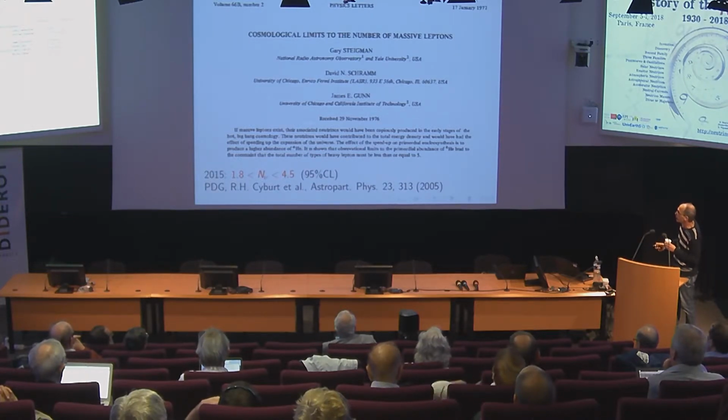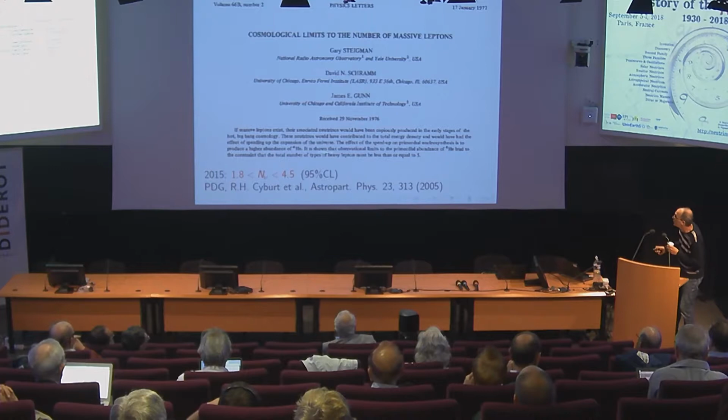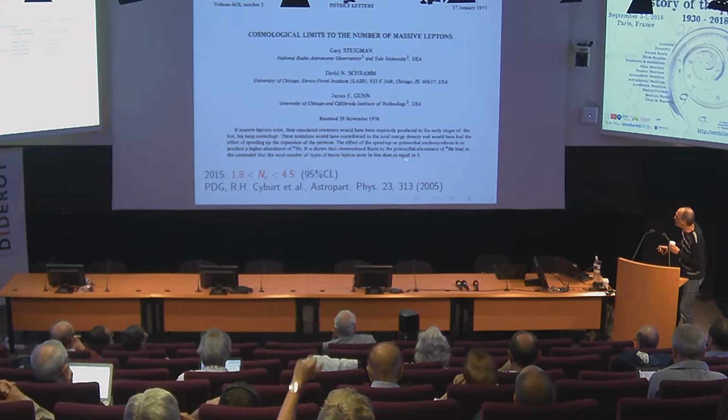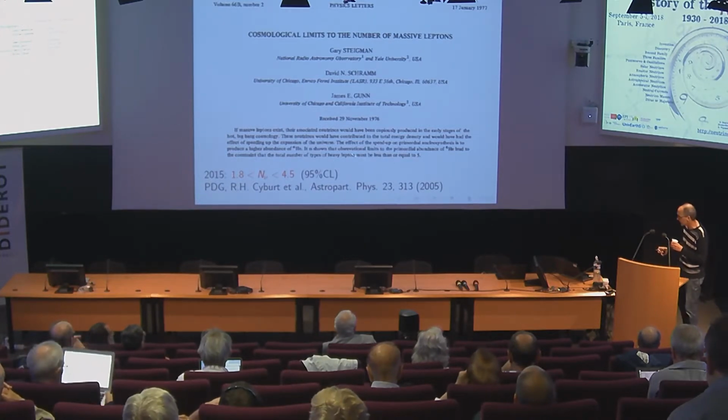They say that the observed limits to the primordial abundance of helium-4 lead to the constraint that the total number of heavy leptons must be less than 5. They don't give a confidence level or anything like that, as this was an epoch where statistics weren't very serious.